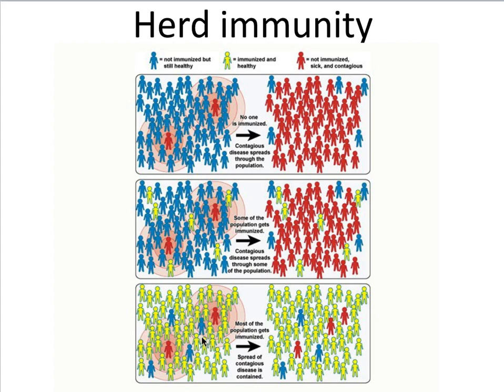So to get to this point, you would need at least 60 or 70% of the people immunized or immune. And since we do not have a vaccine against the coronavirus yet, this means that 60 to 70% of the population should have had the disease to reach this state.